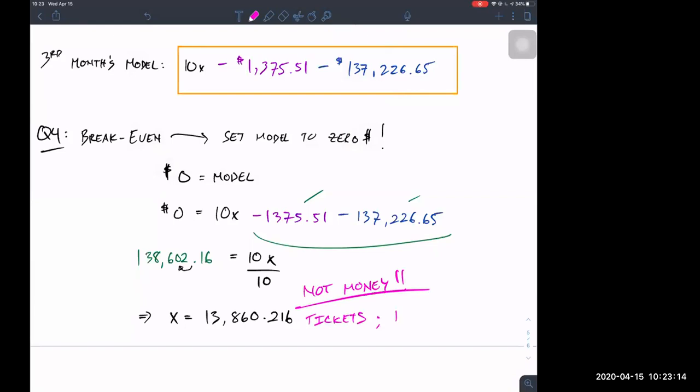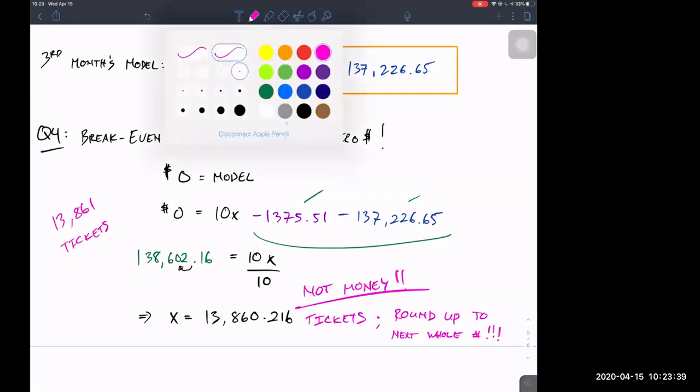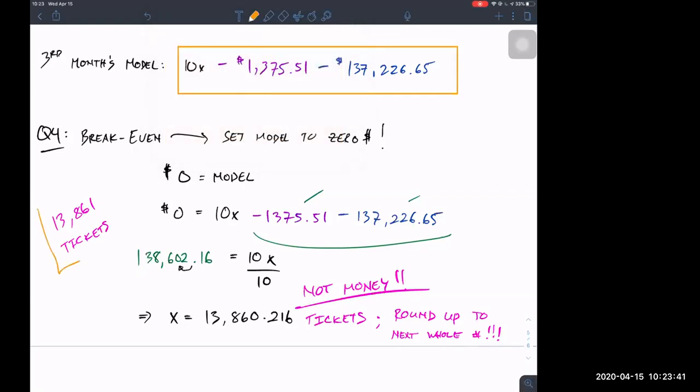We have to do what? We have to round up, right? Because you can't sell 0.216, round up to next whole number, right? You don't sell 0.216 tickets. You're going to sell 13,861 tickets, right? Not dollars, not anything, just tickets right there, right?